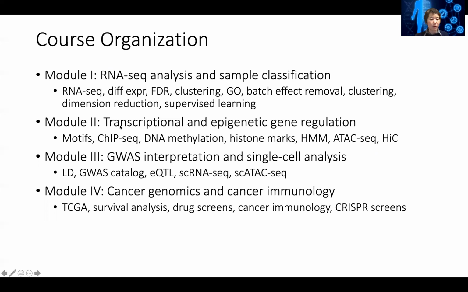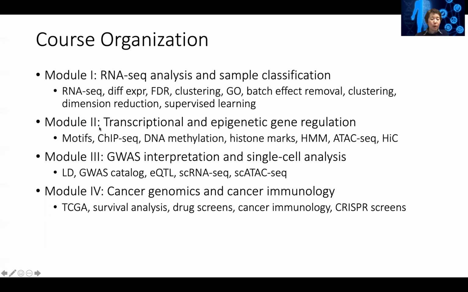Sorry, there's a typo here. And also how to do dimension reduction to cluster the samples, and also learn supervised machine learning to classify samples, for example, to see whether a new sample is normal or diseased for diagnosis.